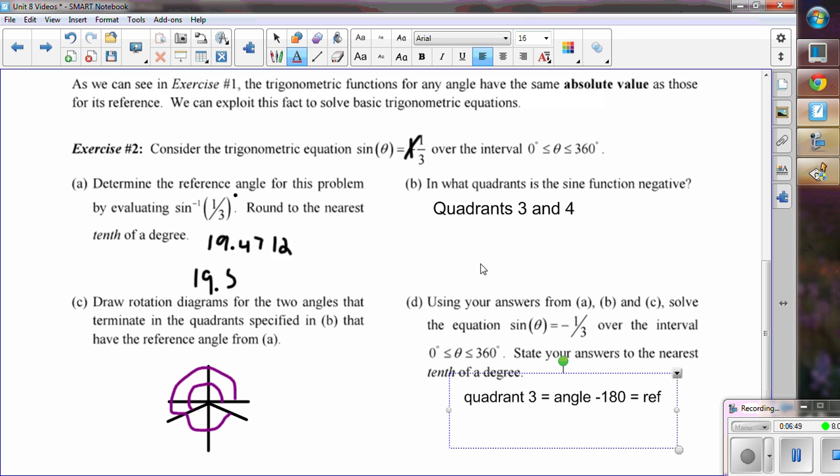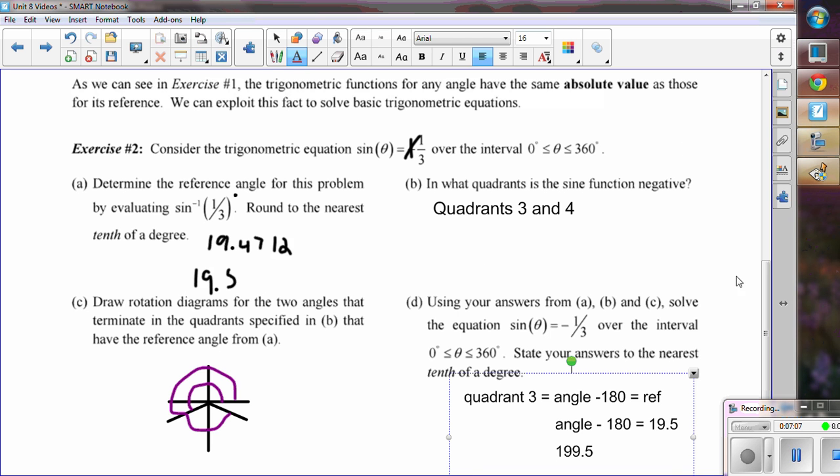In this case we're looking for the angle, so we don't know what the angle is. We subtract 180, and we know that we get 19.5. When we solve this, it turns out to be 199.5.